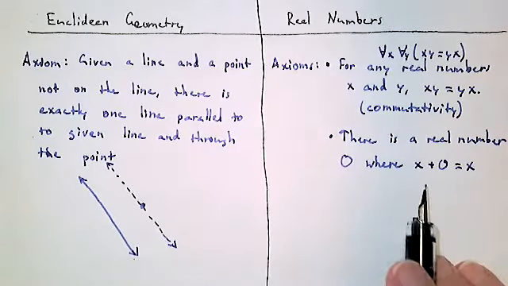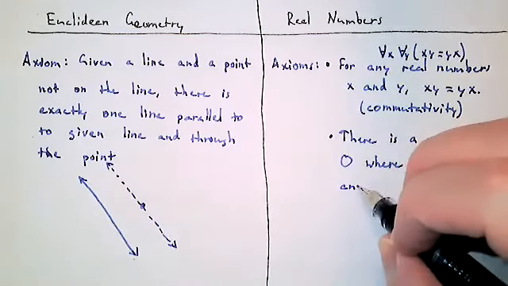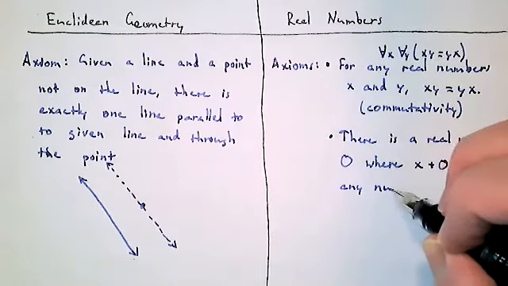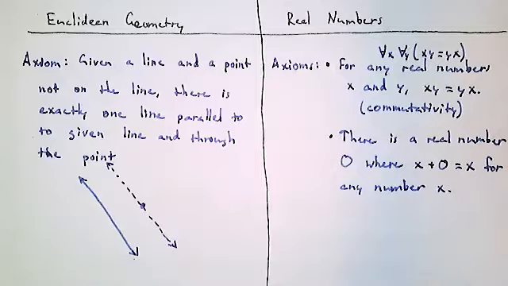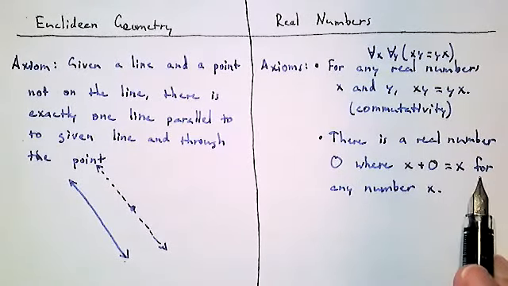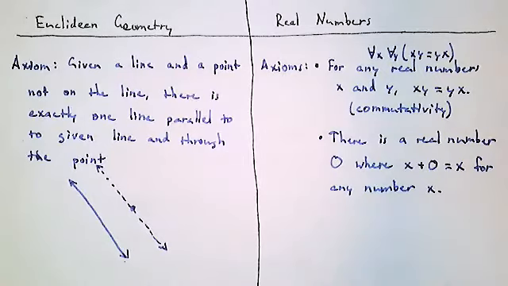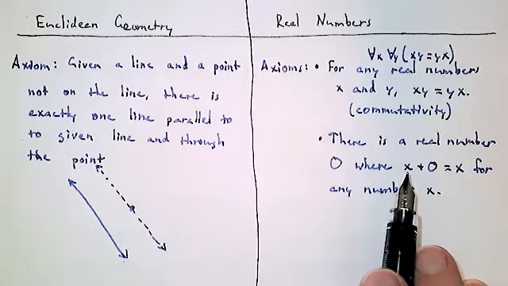So I can add 0 to any number and it doesn't change the original. And again, this one is a universally quantified statement, but this one is only a single universal quantifier, since we only have a single number x.